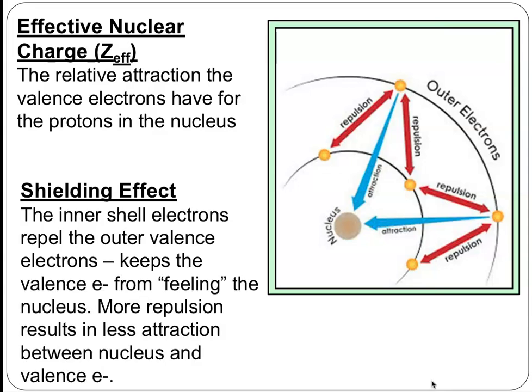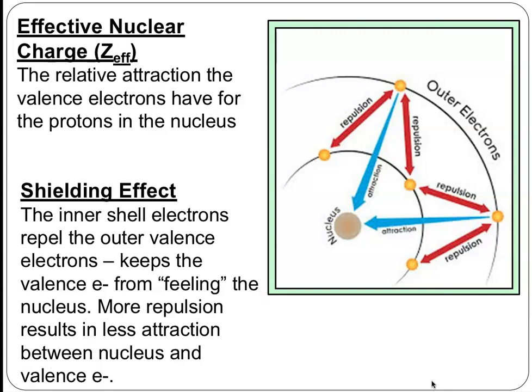Now, the shielding effect is pretty straightforward. Think of a shield back in the Roman Empire. What was the purpose of a shield? It was there to protect you, to be between arrows coming at you and you, so you wouldn't be killed. It's the same idea in the image here to the right. Those inner electrons are shielding the effect of the nucleus from those outer electrons.